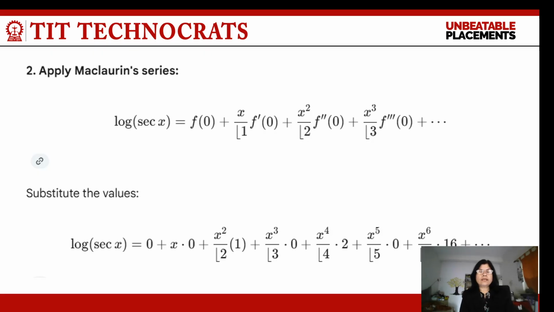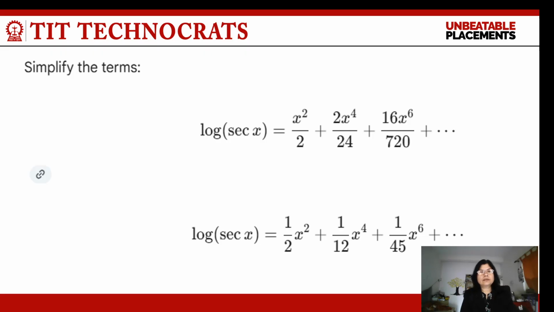Substituting the values f'(0), f''(0), f'''(0), we get log sec x is equal to 0 plus x into 0 plus x square by factorial 2 into 1 plus x cube by factorial 3 into 0 plus x to the power 4 by factorial 4 into 2 plus x to the power 5 by factorial 5 into 0 plus x to the power 6 by factorial 6 into 16 and so on.